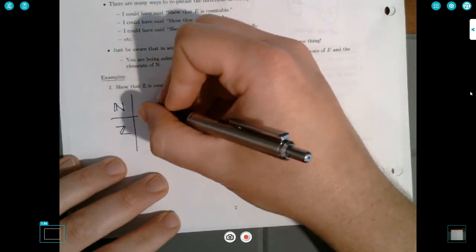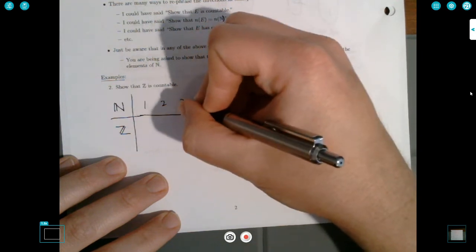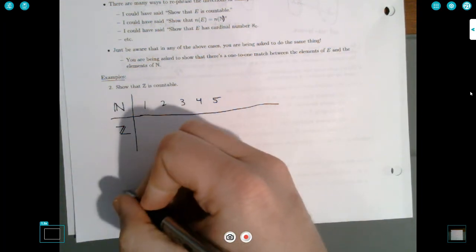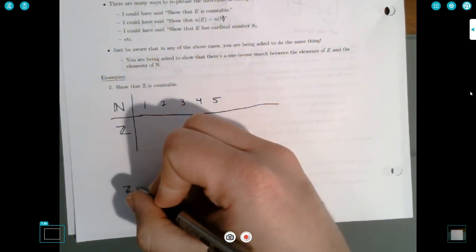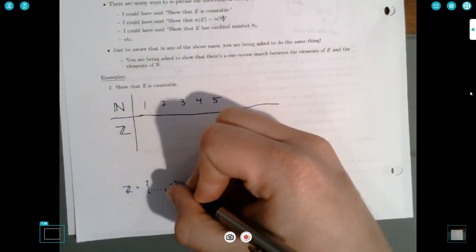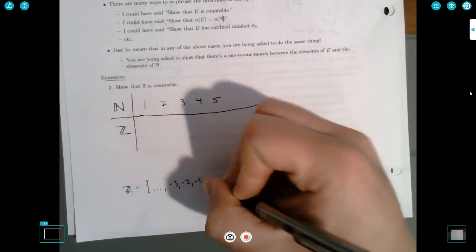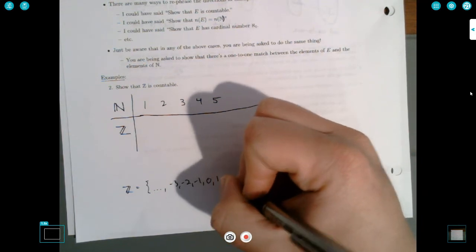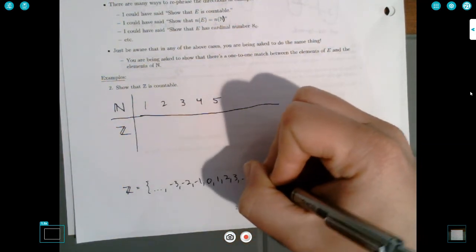So n I know is going to be 1, 2, 3, 4, 5, and so forth. Now z is a little bit trickier. So I'm going to do a little scratch work, right? So z is ...-3, -2, -1, 0, 1, 2, 3, and so forth.